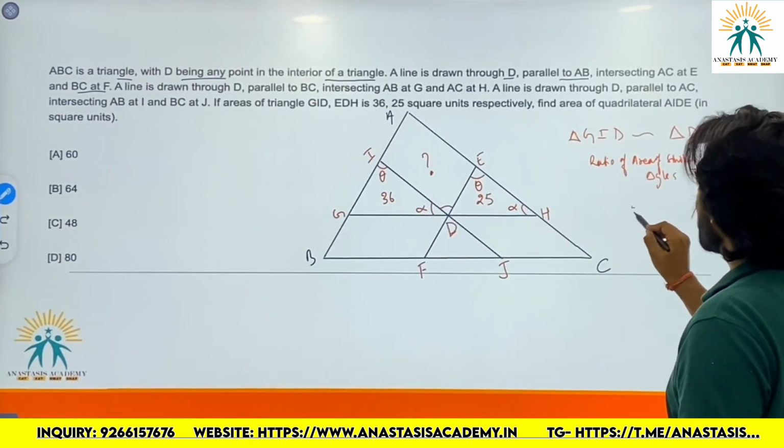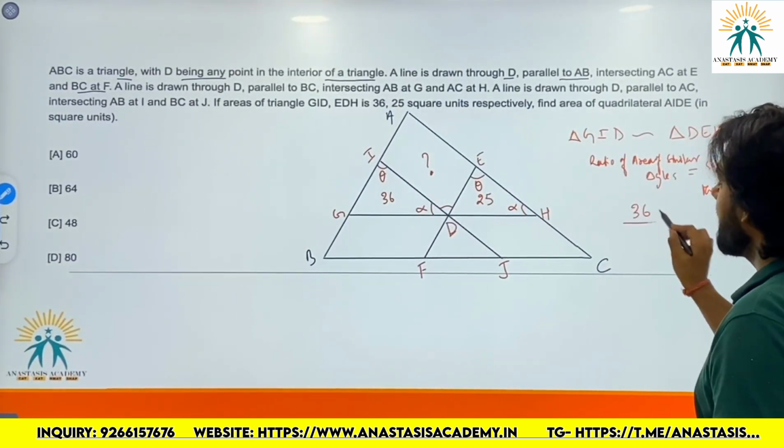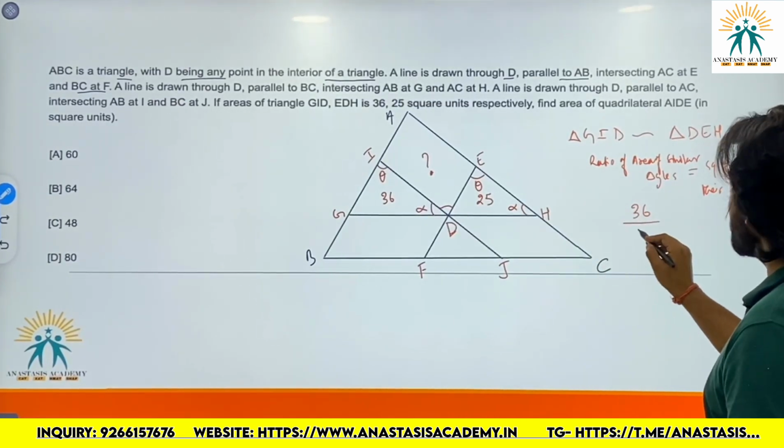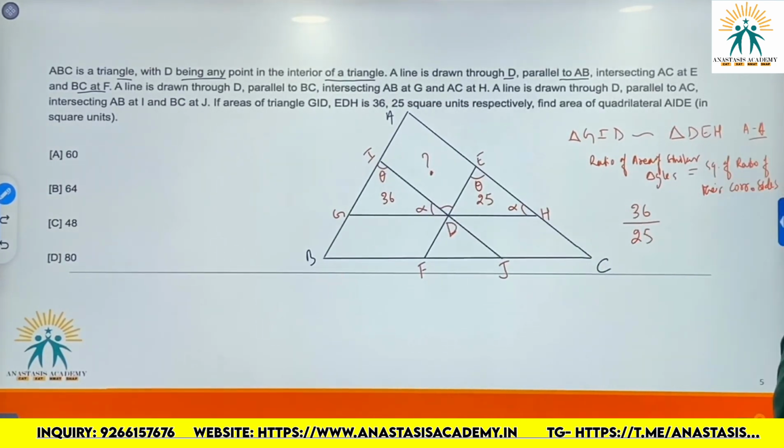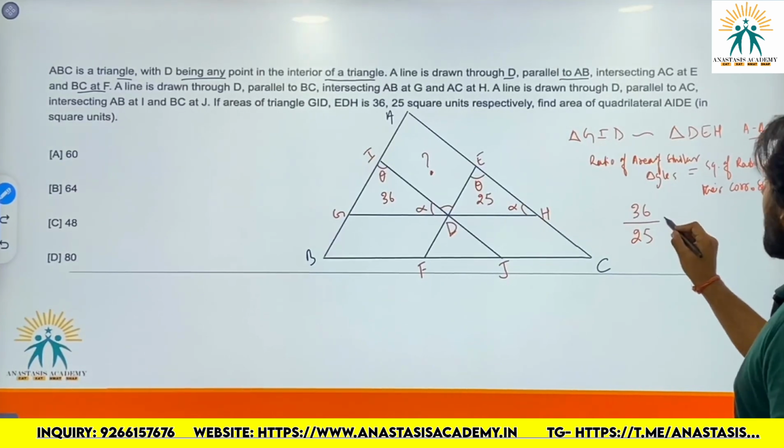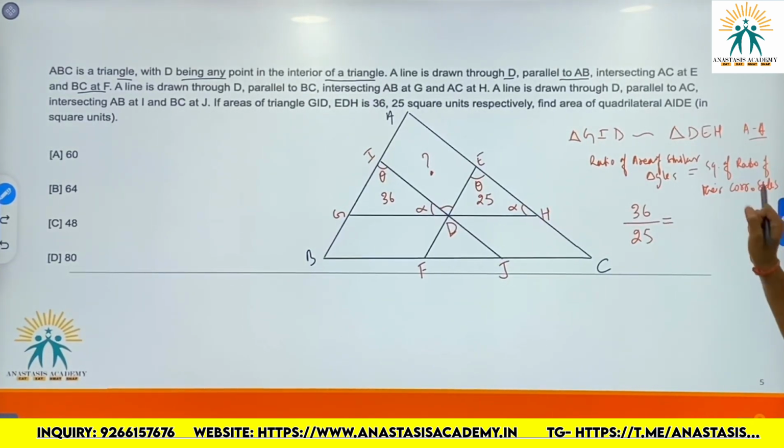So the ratio of area of GID to area of EDH is given to me as 36/25. So from here I can calculate the ratio of their corresponding sides.